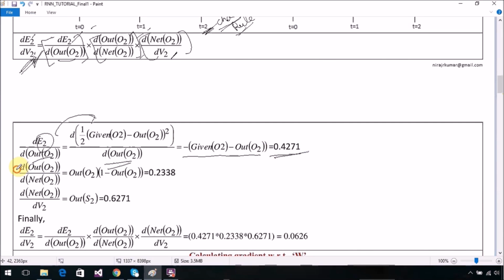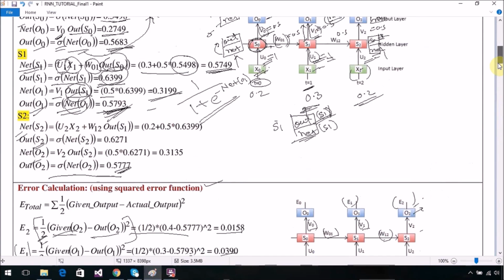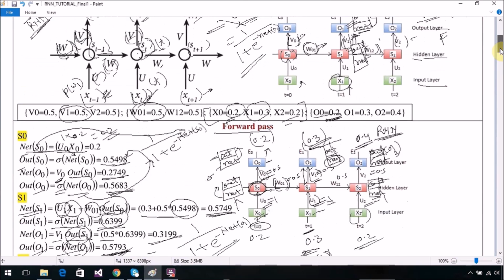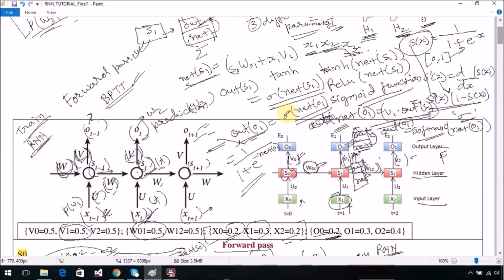The next part is out O2 with respect to net O2. So we can calculate it. So our out O2 is just a sigmoid of net O2, and in the previous session we discussed that important feature of the derivative of sigmoid functions.